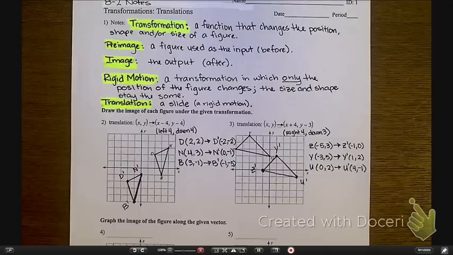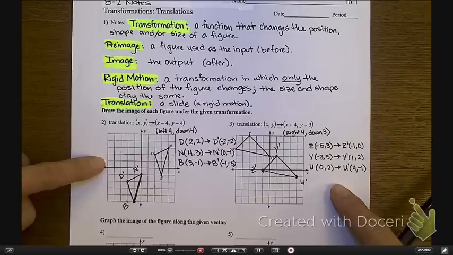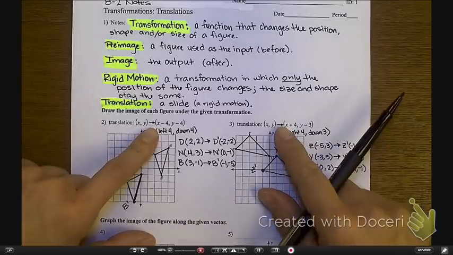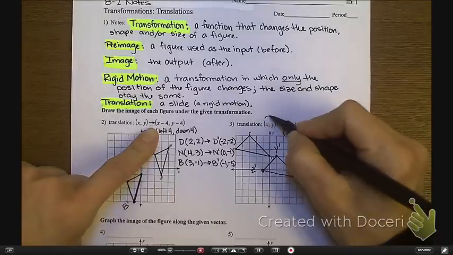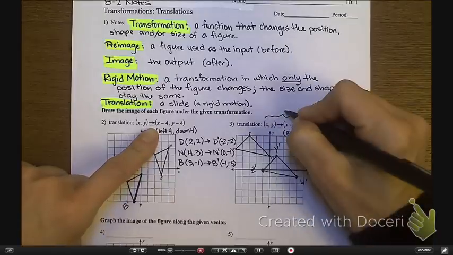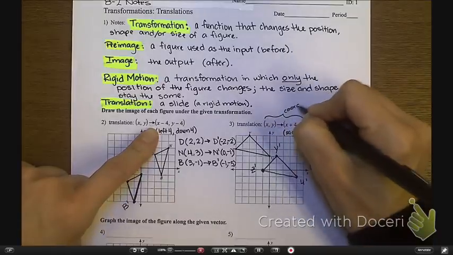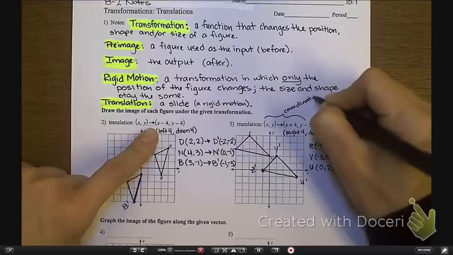All right, so in these two examples, we did a translation given a coordinate rule. When you see the rule written like this, it is called coordinate notation of the rule.